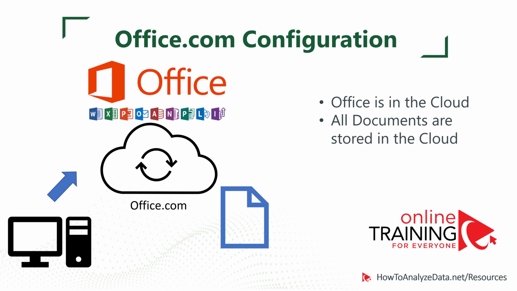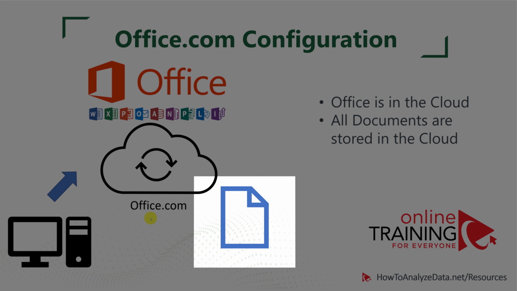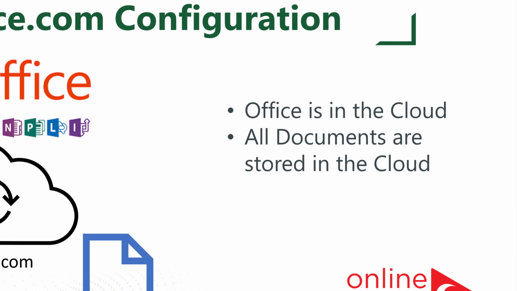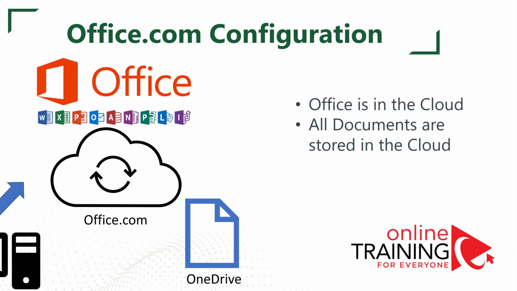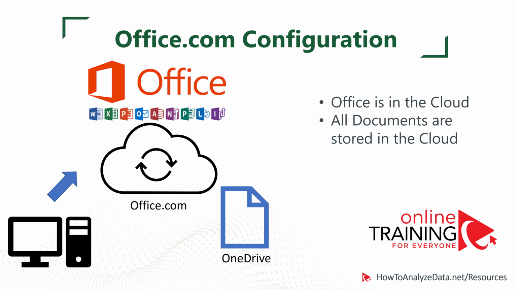When you use Office.com, you need to have a computer that has an internet connection. Office is installed in the cloud on the website Office.com, and documents are stored in the OneDrive, which is also in the cloud. You do need an internet connection in this setup, but the huge advantage of this is that it's free. Another huge advantage of this setup is that because documents are in the cloud, multiple people can work on those documents at the same time.